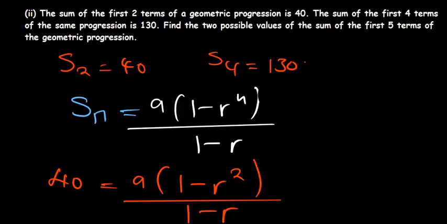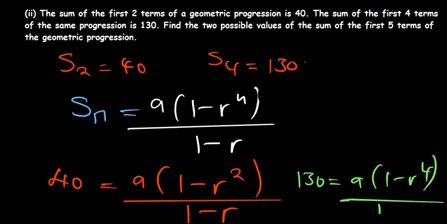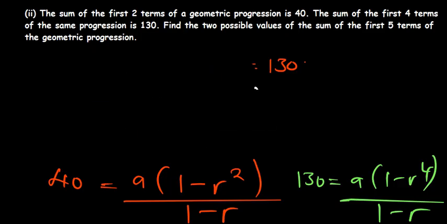Okay, and then on the other hand, the sum of the first four terms is 130, so that's equal to a times 1 minus r to the power 4, divided by 1 minus r. Okay, so we also need to solve these as simultaneous equations.